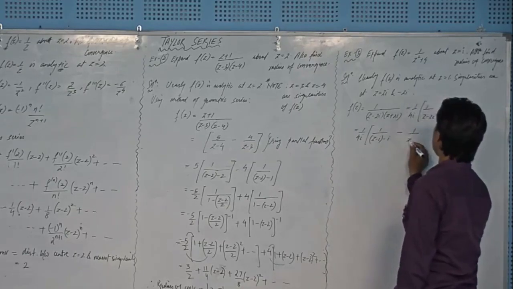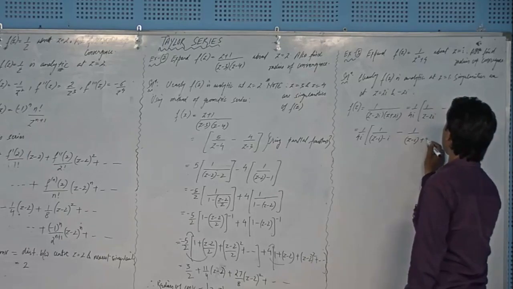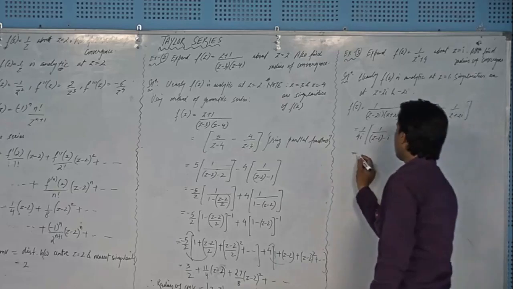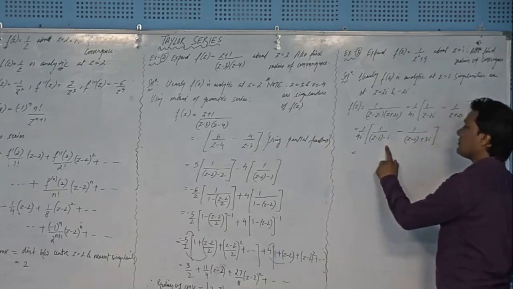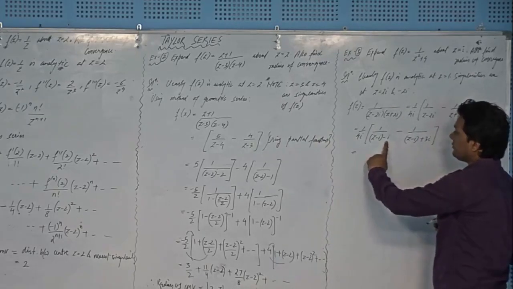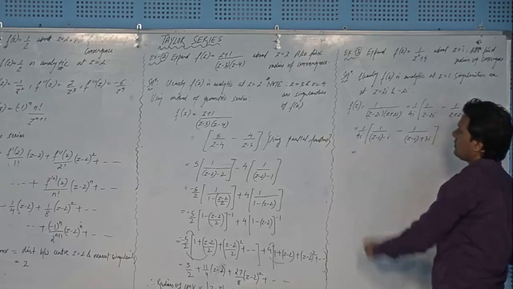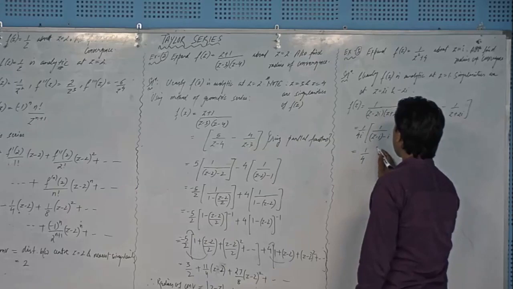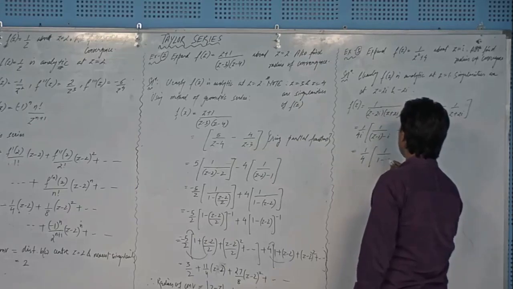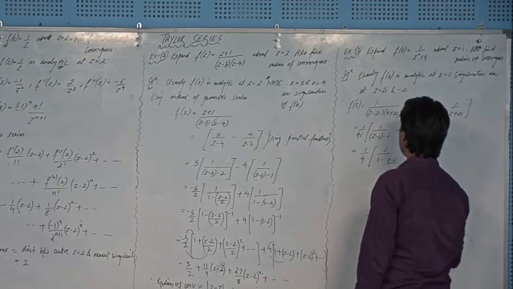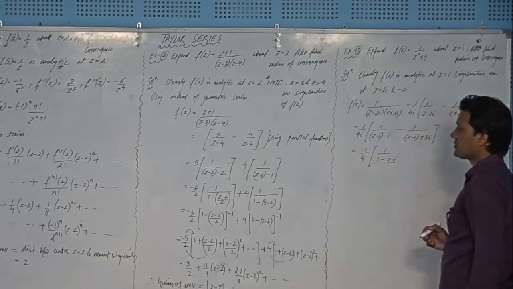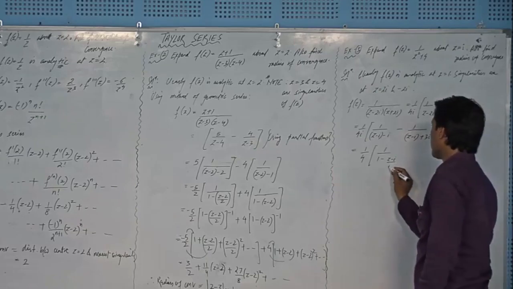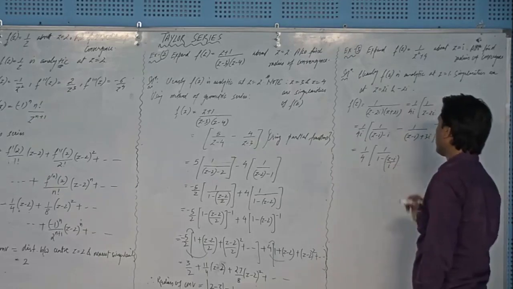And you will write it as z minus iota plus 3 iota, because you need z minus iota, right? And if I take minus iota common from here, then it will produce plus 1 by 4. And inside the bracket I will be having 1 minus z minus iota over minus iota, right?